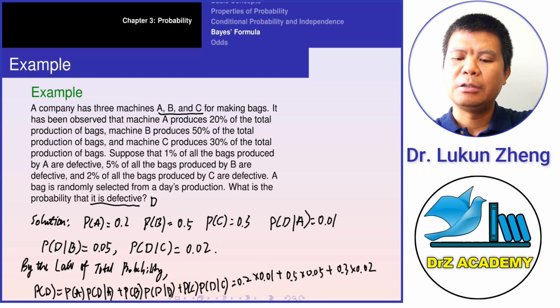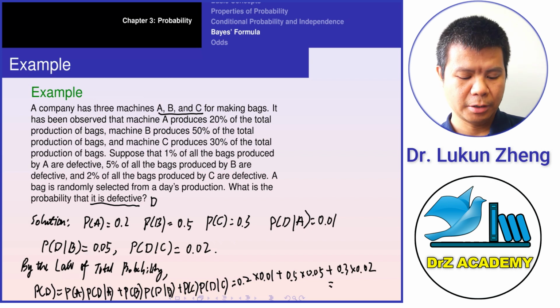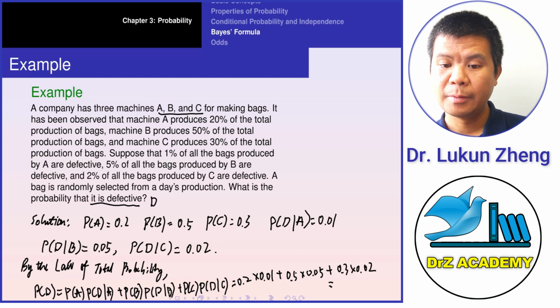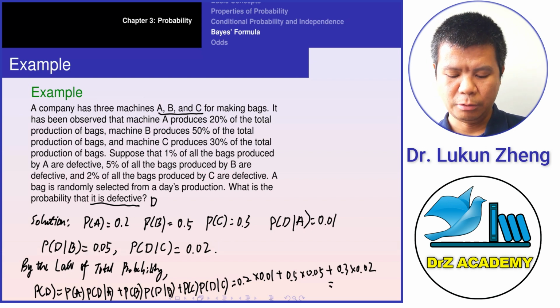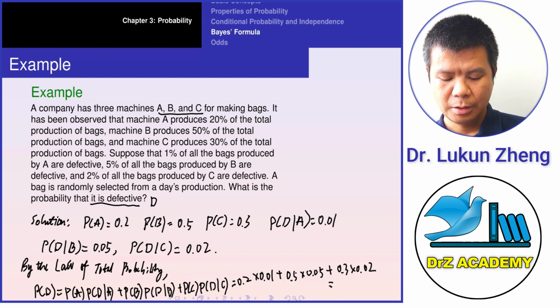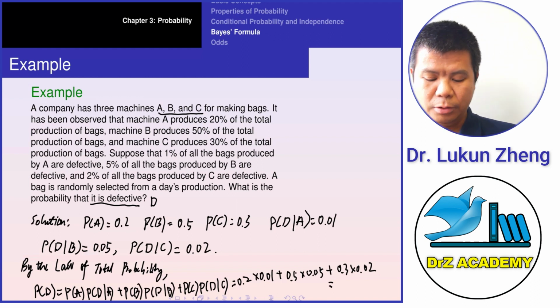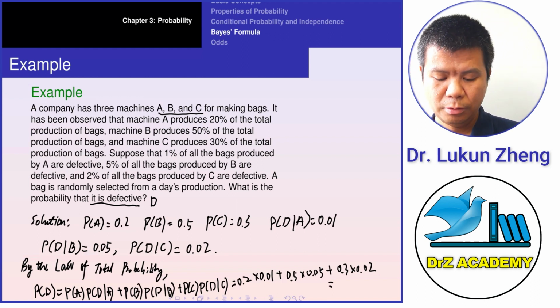Let's use a calculator: 0.2 times 0.01 plus 0.5 times 0.05 plus 0.3 times 0.02.